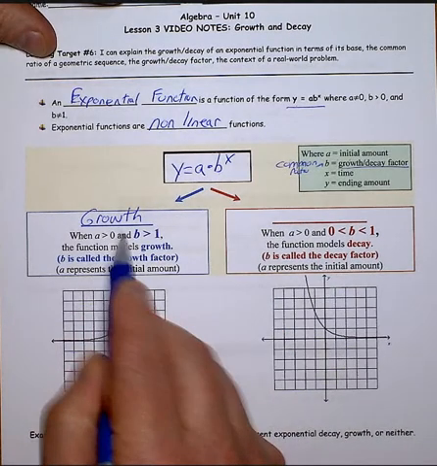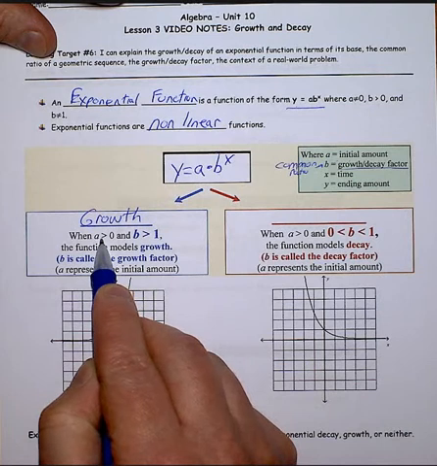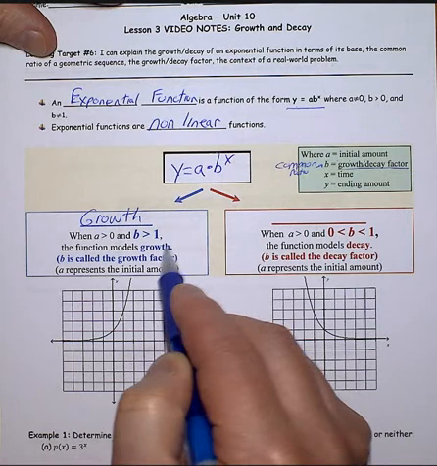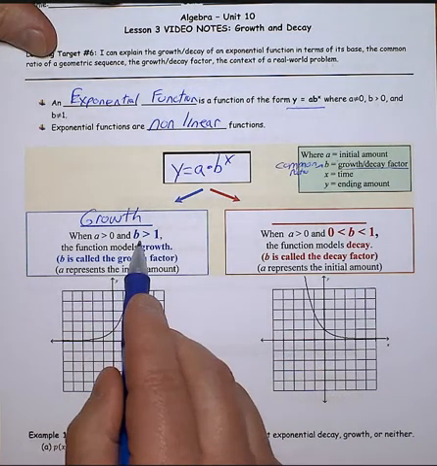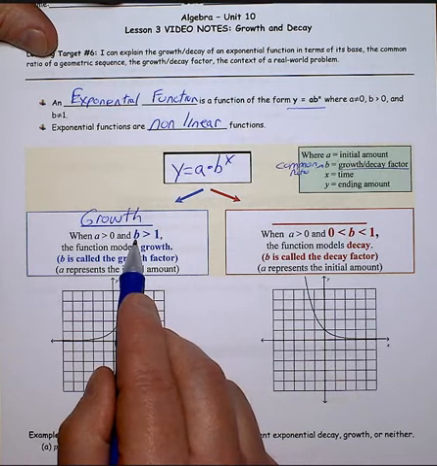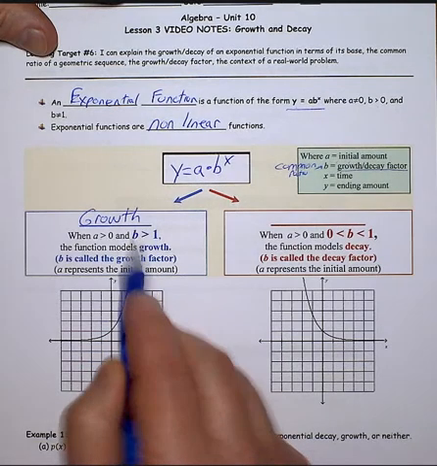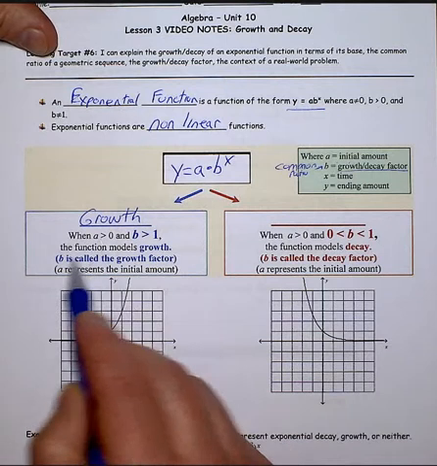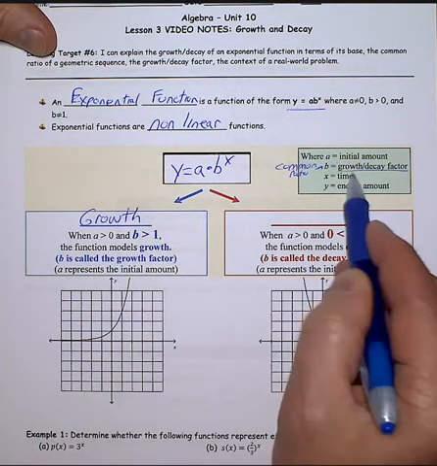Growth is when A is greater than 0 and B is greater than 1. So the function is growth. B is called the growth factor.